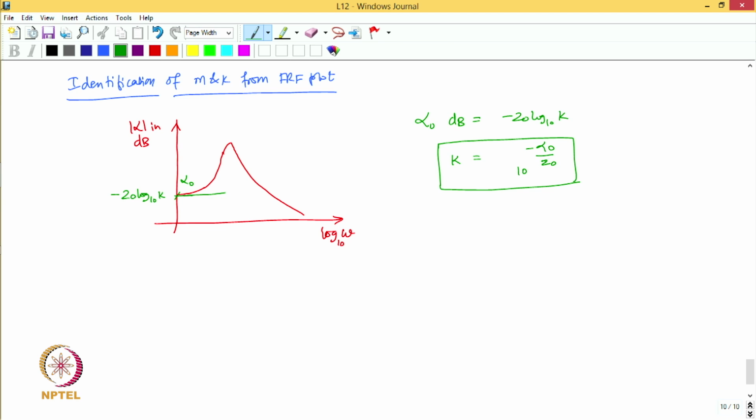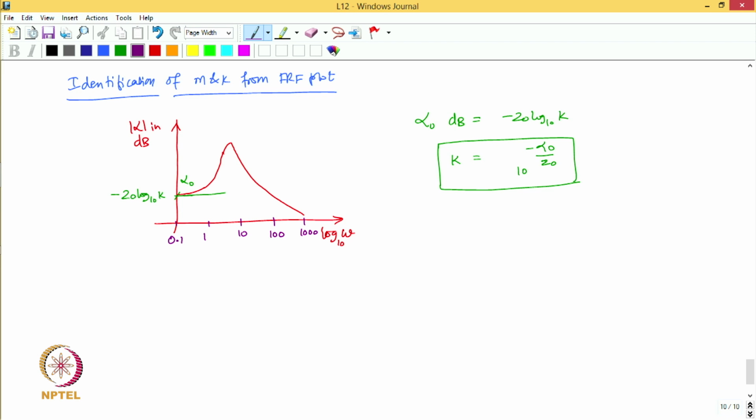Similarly, if I want to know the mass of the system, then we can determine it from here. So, we draw an asymptote to the FRF, that is a line which is tangent to the FRF curve, and it is at a slope of minus 40 dB per decade. So, if I show here the frequencies which are going to be there on the axis, they will be 1, then 10, then 100, so this is basically going to be the different decades of the frequencies, 0.1, 1, 10, 100, 1000.